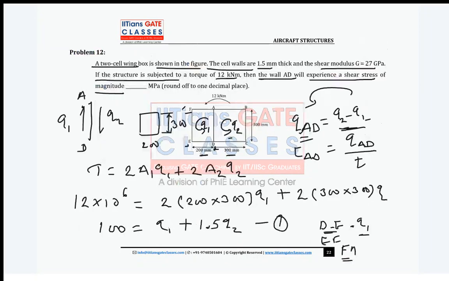Then we are going B to C. Now guys, one thing I want to tell you. When I found theta 1, I have gone in the opposite direction to shear flow. So you have to do the same thing for section 2 also. If you go for section 2 in the opposite direction, what is going to happen?